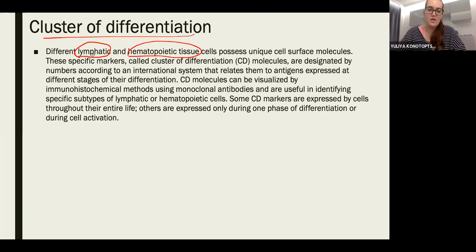Each and every one of them will have a very specific CD on top of it, and we represent that CD with numbers. For example, if I am a B lymphocyte, on my surface you will find cluster of differentiation 19 and 20. Because I see CD19 and 20, I know that this cell is a B lymphocyte specifically.